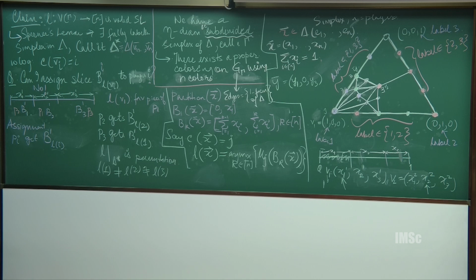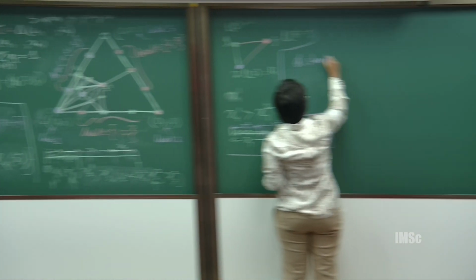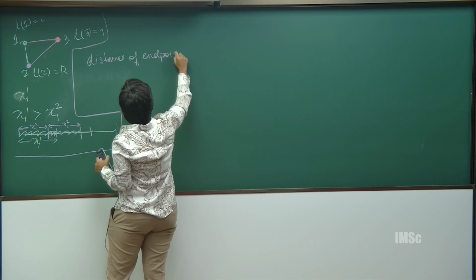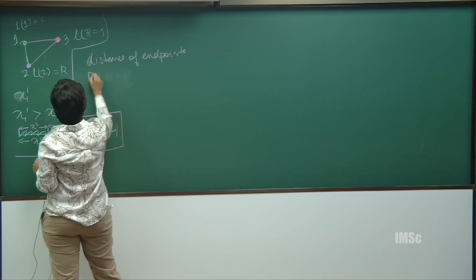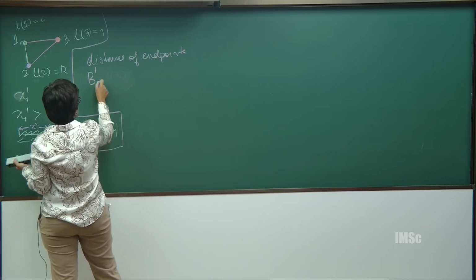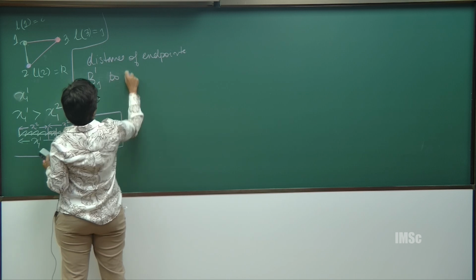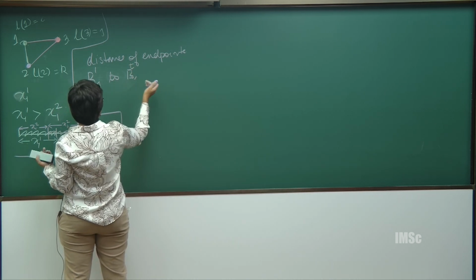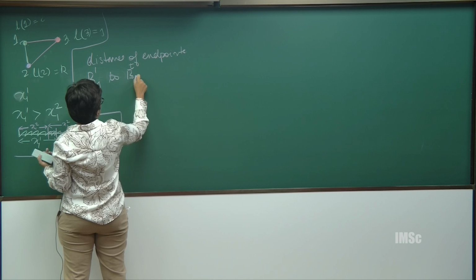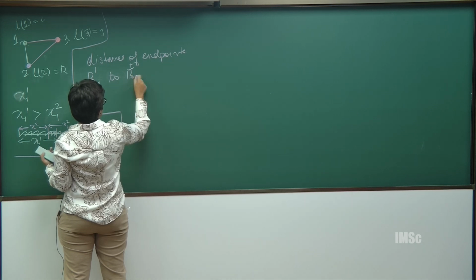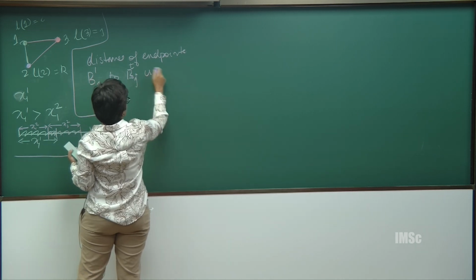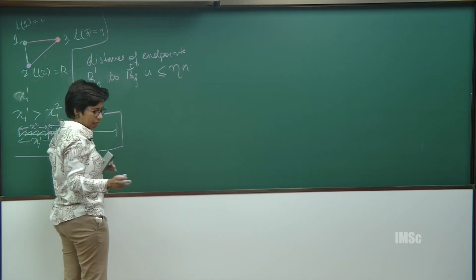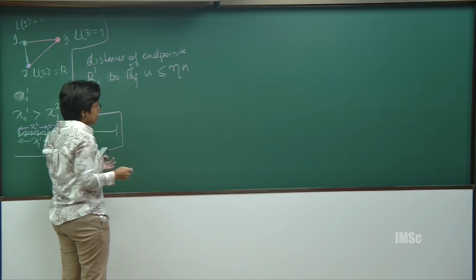So, the distance of endpoints, this is true about any slice j and j prime, is at most eta n, okay, all right.